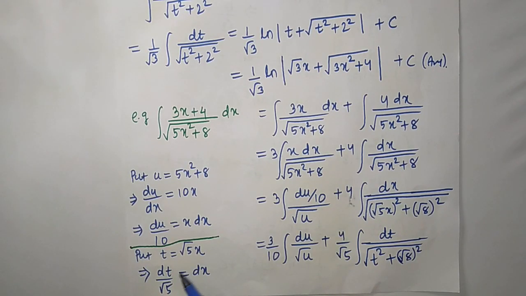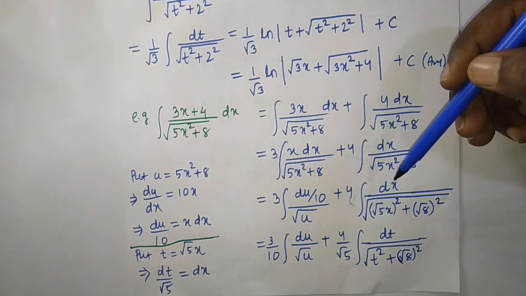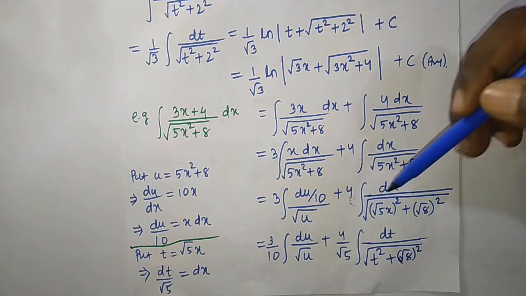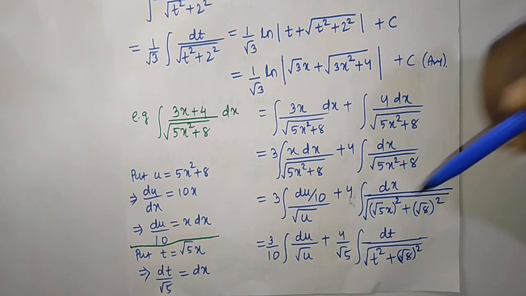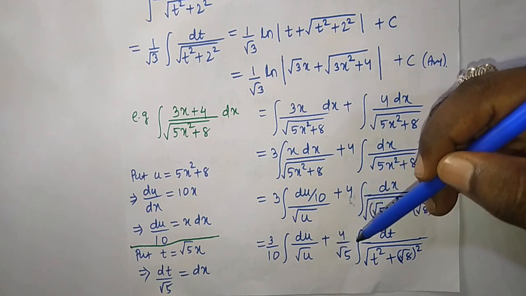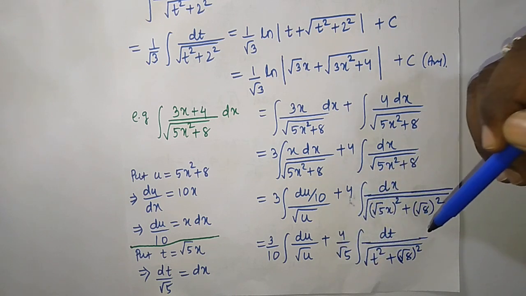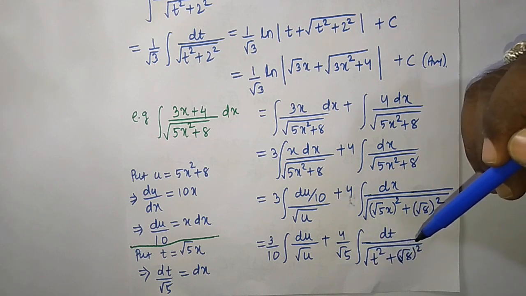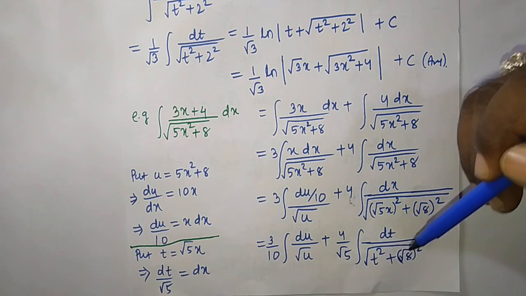In the next step we get dt by root 5 is equal to dx, so put dt by root 5 in place of dx. Taking that 1 by root 5 to the outside, we will get 4 by root 5 into integration of root over of t square plus root 8 whole square.